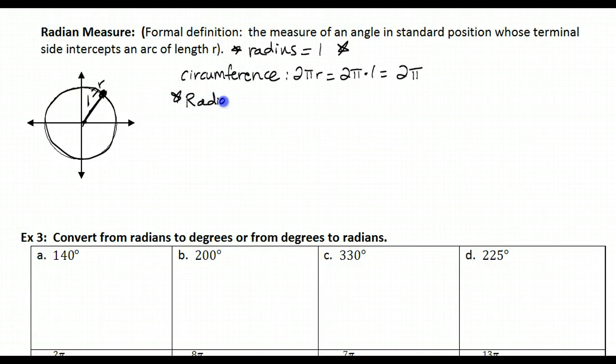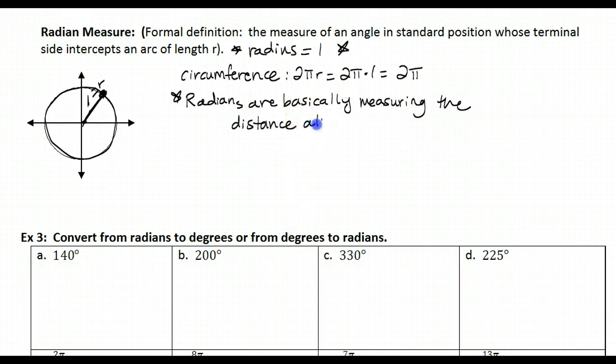A radian measurement is basically measuring the distance along the edge of a circle with radius 1.